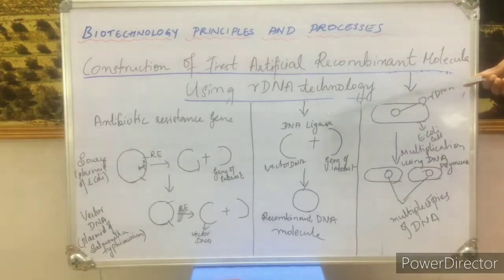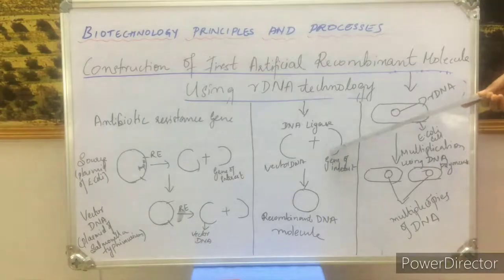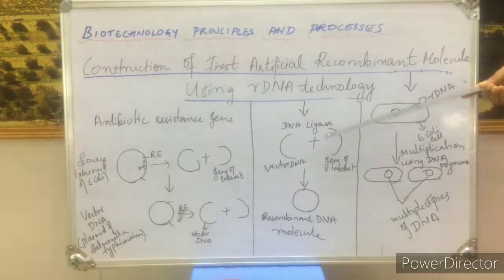DNA ligase is an enzyme which reseals the two fragments of DNA by forming phosphodiester bonds, or by facilitating the hydrogen bonds of the two cut DNAs. One strand of DNA is linked with another strand through hydrogen bonding: adenine, guanine, thymine, cytosine, where purines are paired with pyrimidines by hydrogen bonds. So the DNA ligase facilitates the hydrogen bonding, as well as linking one nucleotide to another nucleotide via phosphodiester bonds.